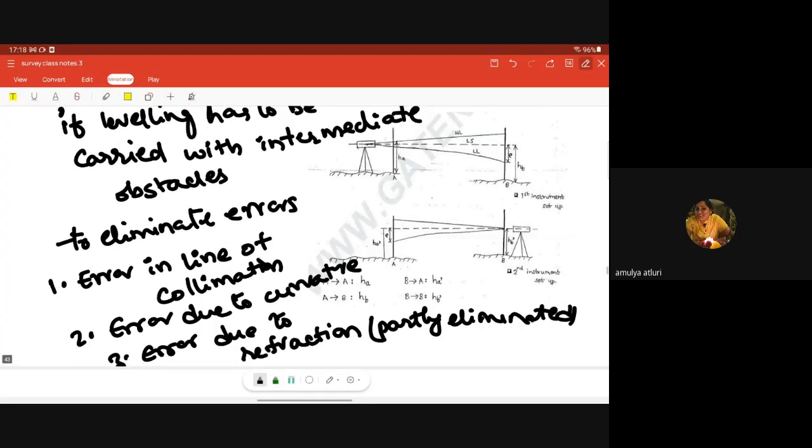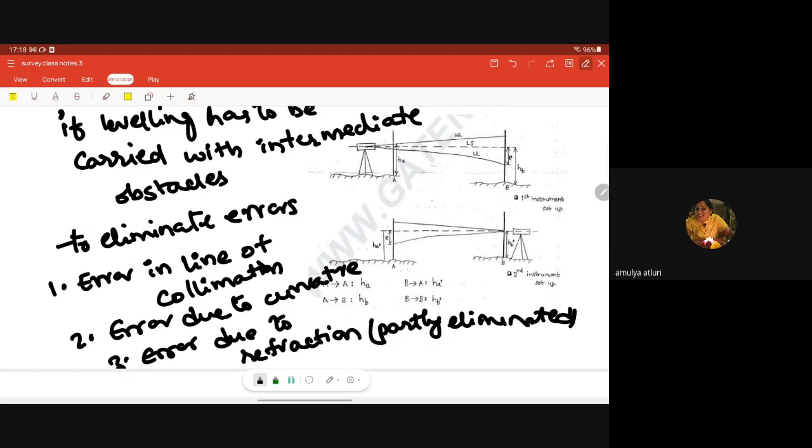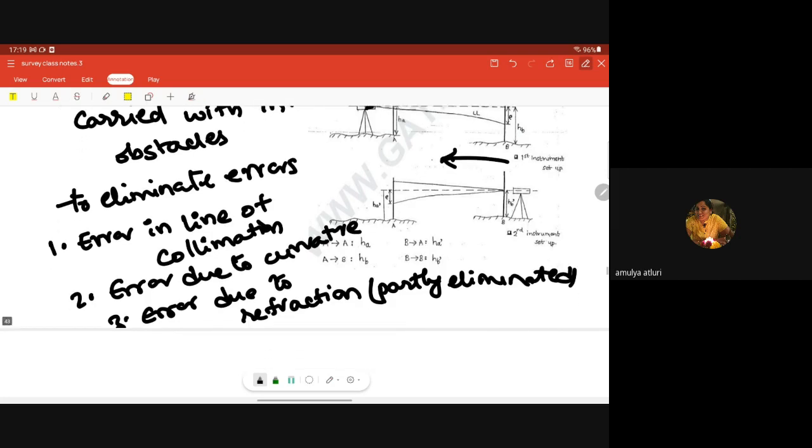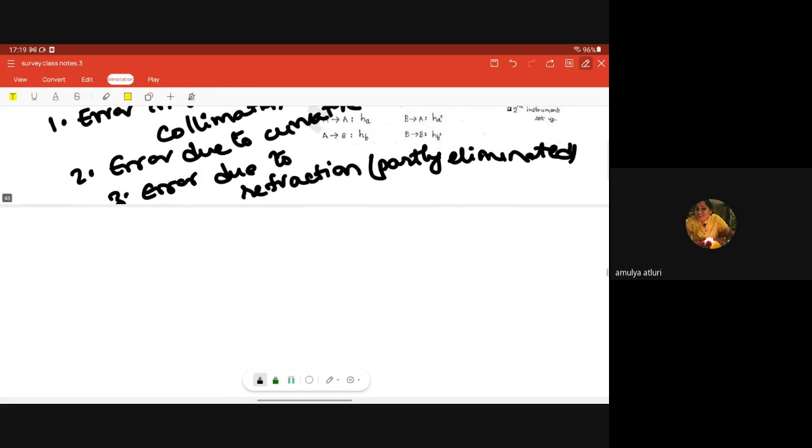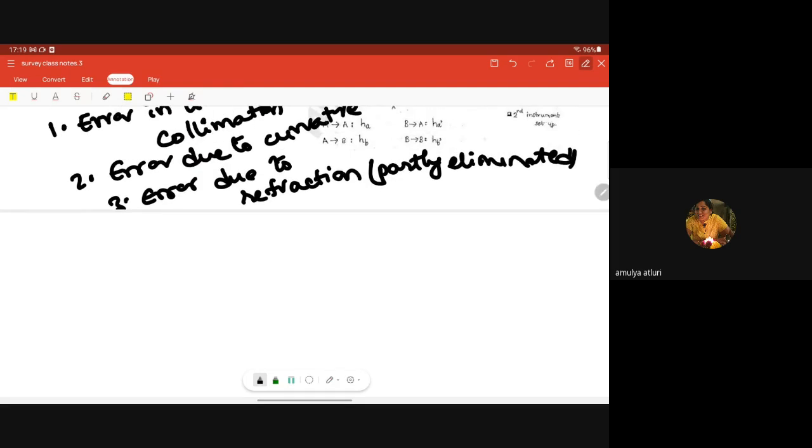So here you can see one instrument setup is from A to B and the second instrument setup is from B to A. The second setup is at B. We will approximately look from here to here and then from here to here. So the true difference: from A, it is HA; from B to A, it is HA dash; A to B, it is HB; B to B, it is HB dash.